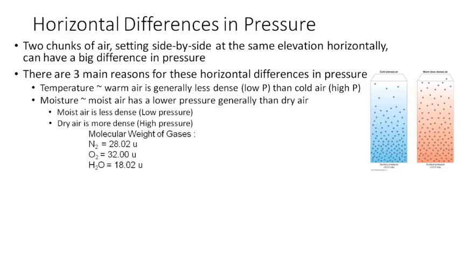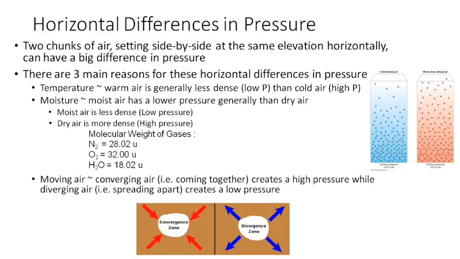And like I said, this is a little counterintuitive because we think that when the air is high humidity, it's hard for us to breathe and the air feels very dense. But as it turns out, moist air actually is less dense. So moist air is associated with low pressures. Okay, dry air then is associated with high pressures. So that's another way you can get a horizontal difference in pressures.